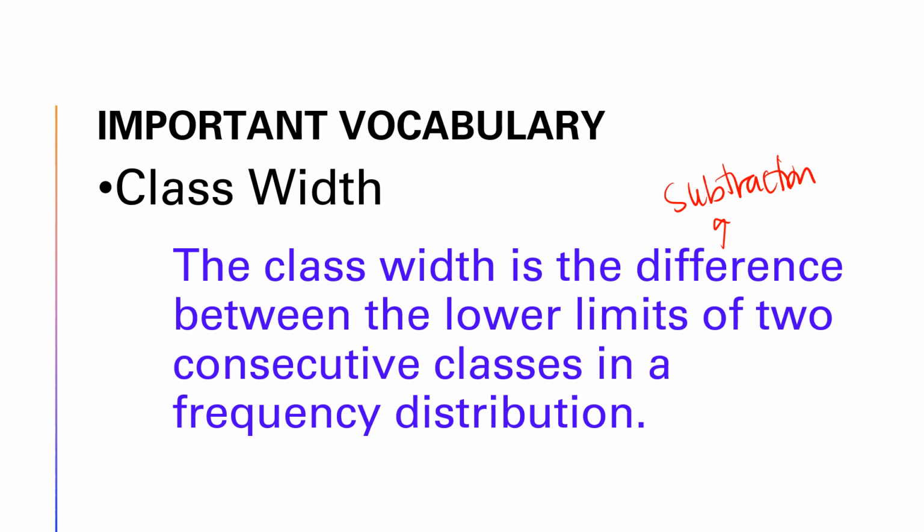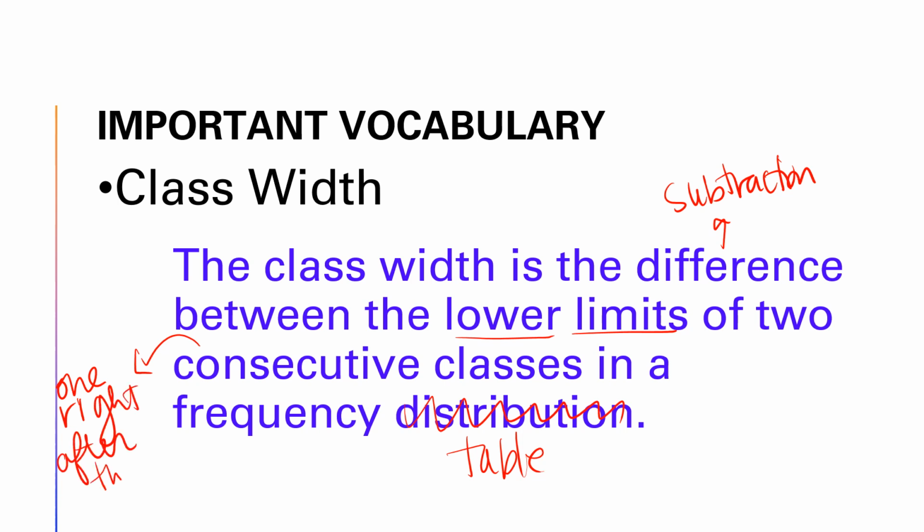So it's the difference between the lower limits of two consecutive classes in a frequency table.